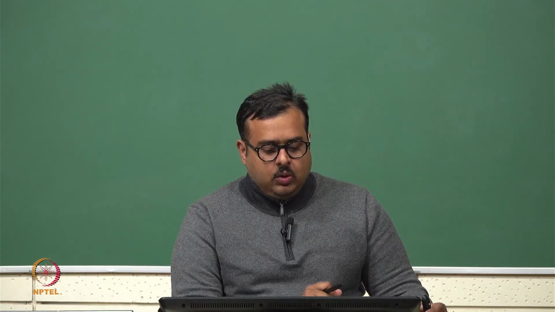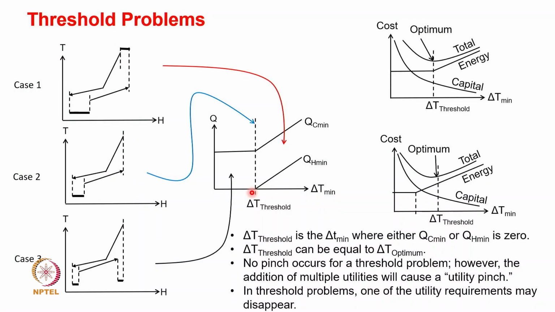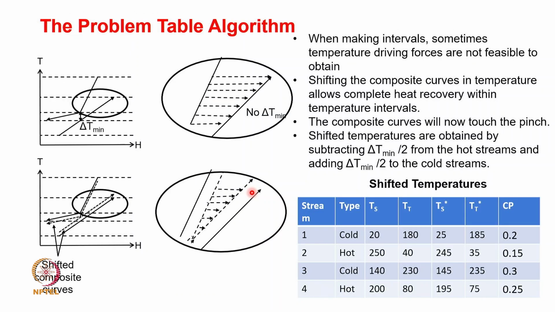For instance, all the inferences we have made here are by drawing the composite curves, and drawing the composite curves itself is a complicated procedure or maybe a painful affair. So can we achieve the same by means of certain numerical methods?